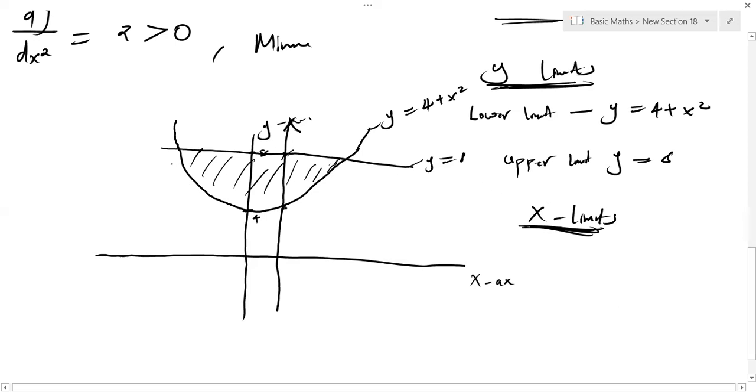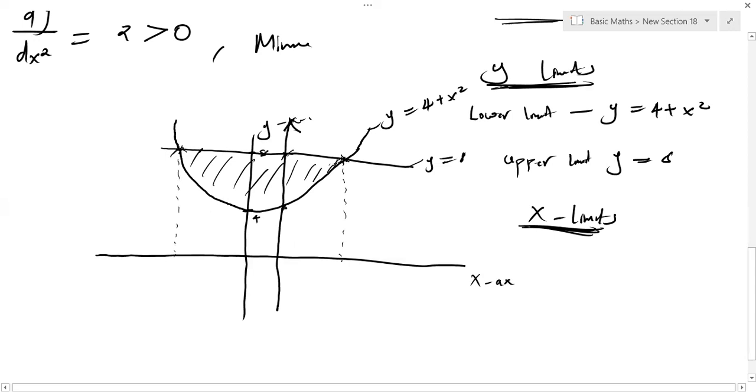If I draw a line parallel to x through this region, the values of x that will enclose it are going to be here and here. Those are the maximum and minimum values of x that enclose this region.